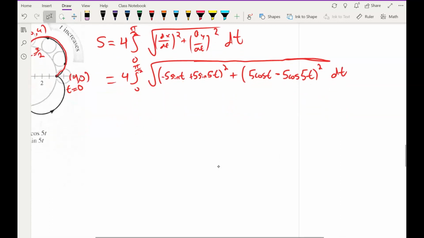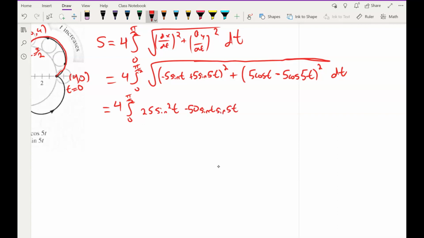All right, so we kind of have a beastly binomial to expand here. But just remember, when I'm squaring a binomial, it's the first term squared plus 2 times the product of the first and second term plus that last term squared. So I'm going to have negative 5 sine squared, which is going to give me 25 sine squared t. I'm going to have 2 times the product of the first and second term, which gives me negative 50 sine t sine of 5t.